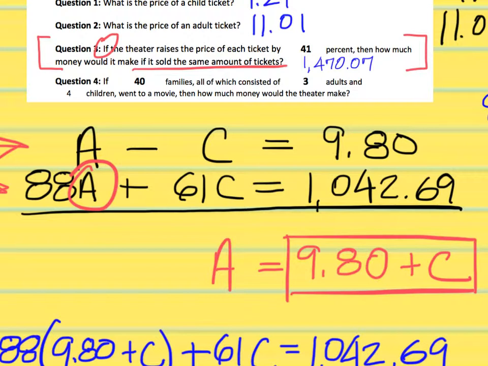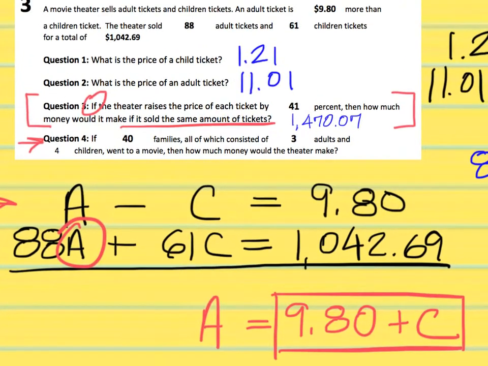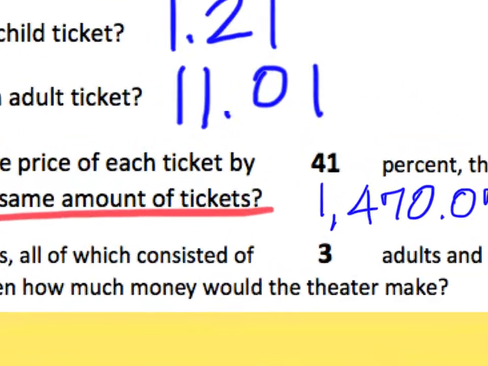It doesn't say that the price has actually been increased. It says if. So when you go to question number 4, you do not assume that you're using the prices from question 3. Question 3 was a hypothetical situation that you had to answer. It did not say that it was going to be raised. So the ticket prices you would have to use are the original ones here that you solved for.